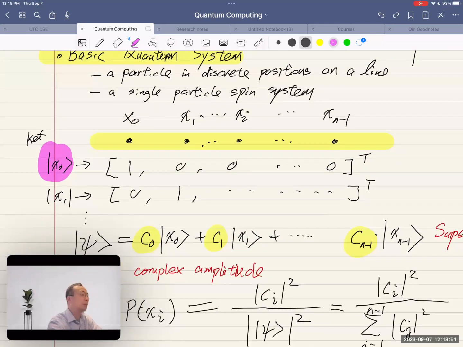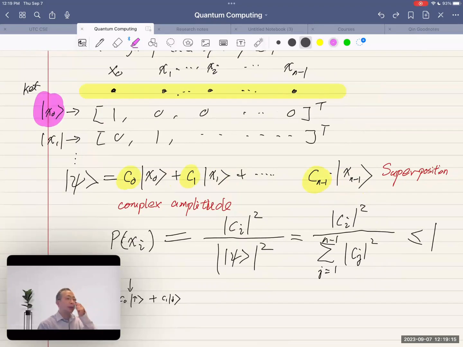And then for each state, if it's x0, we write it in the so-called ket notation, with 1 in that state and the rest are 0. And with x1, we say the x1 position is 1.